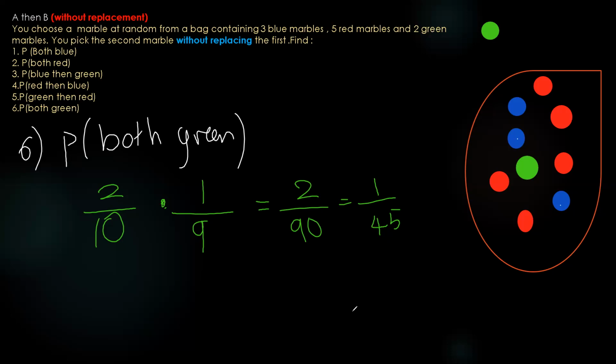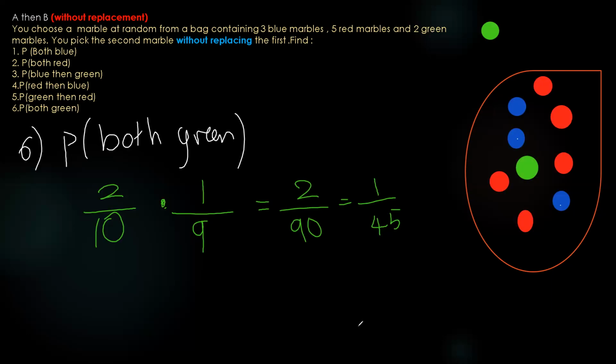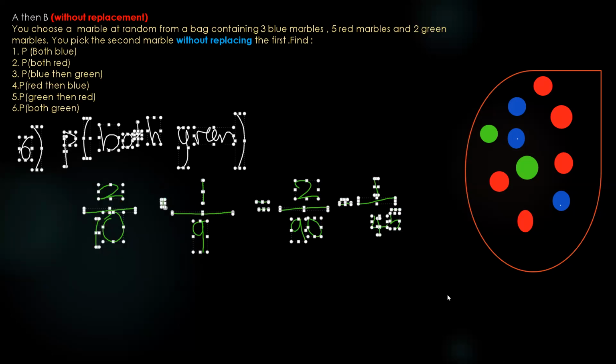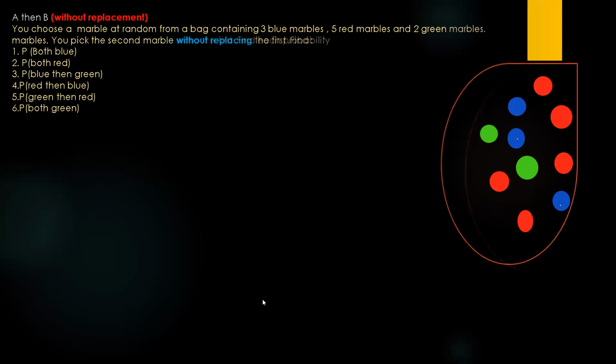Now the second thing: if we have the probability of A, then B, but now with replacement, sorry, they are independent events.